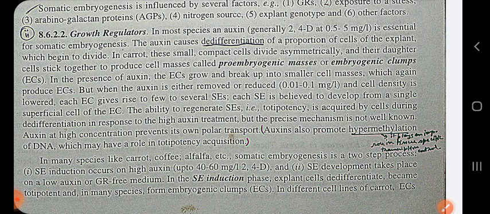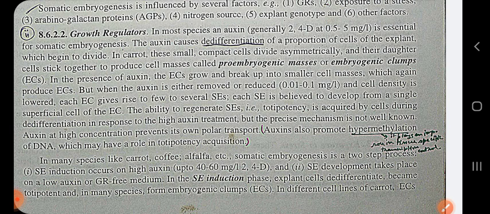It is showing that when applied, these carrot cells divide asymmetrically, and the daughter cells stick together and produce clumps called embryogenic clumps. In short, we can write it as EC. In the presence of auxin, these embryogenic clumps will grow and break up into small cell masses, and again form embryogenic clumps.